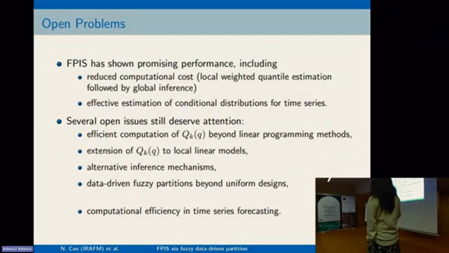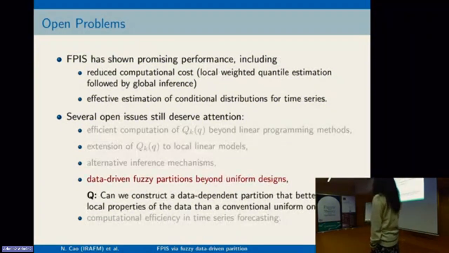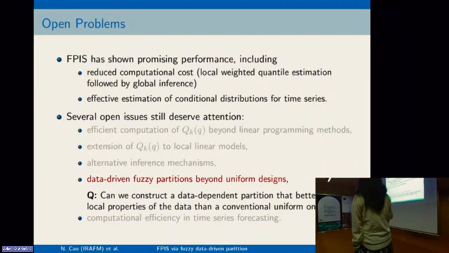In previous talks we talked about the alternative inference mechanisms, and in this talk we will talk about data-driven fuzzy partitions. It was a natural question, since we have so far used the uniform fuzzy partition. It's quite simple to construct by shifting equally with a kernel function, with a triangle or something, and it's also attractive.